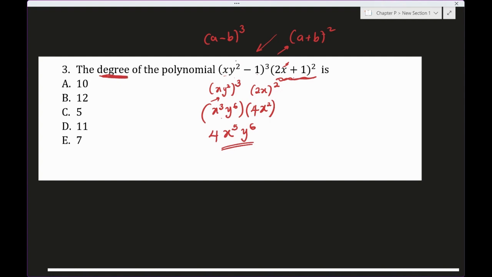You just need the leading term from the first polynomial and the leading term from the second polynomial. Since this is a polynomial in two variables, the degree is just going to be 5 plus 6. So you add the powers of the variables. If you have three variables, add the powers. So this will be 11. This is the answer.